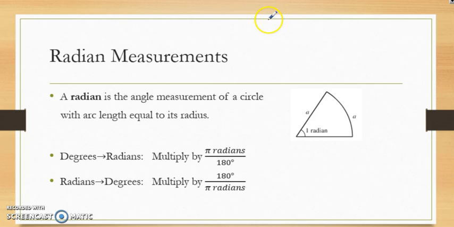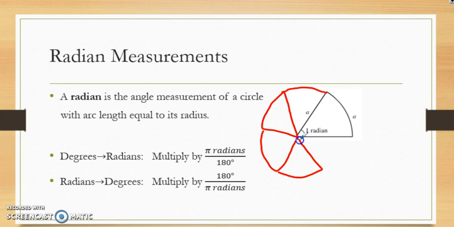Now what happens with a radian is if you kept measuring radians going around the circle, that would be about 1 more radian, and then about 1 more radian, and you notice it doesn't quite make a horizontal line going across there. It's got a small extra bit of a decimal on it, and then you measure another radian, and another radian, and another radian, and then there's this leftover piece.